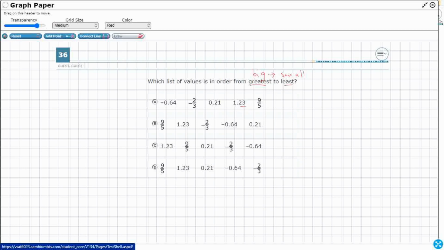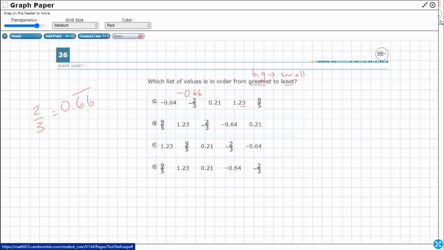Okay, so like you see A right here, all we need is negative 2/3, right? So I should know that 2/3, if I go 3 divided into 2, it's going to be 0.66, and it just goes on forever, right? So I'm just going to label that as negative 0.66, and it goes on forever.